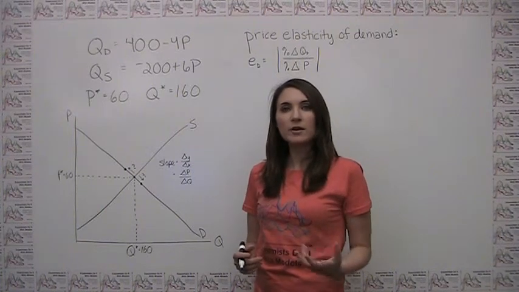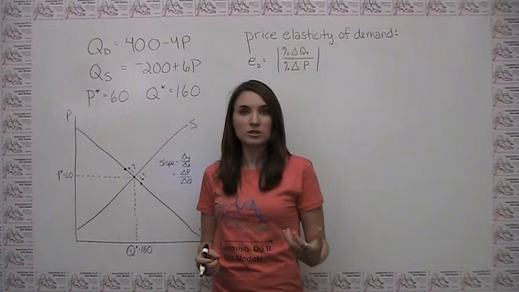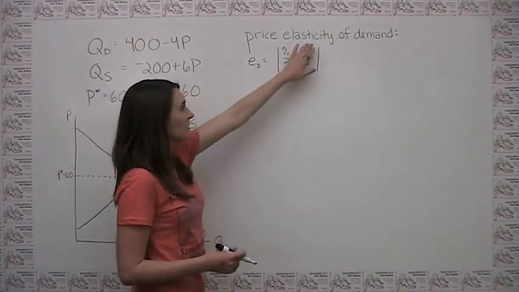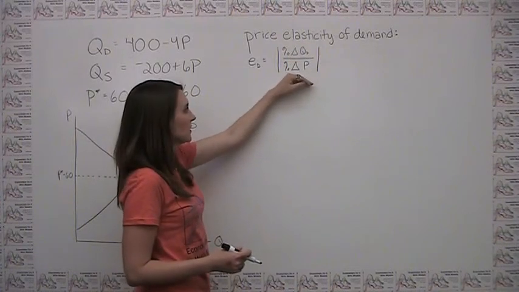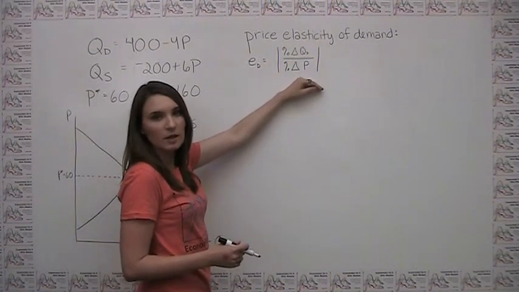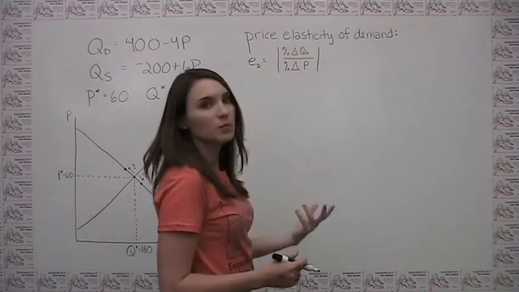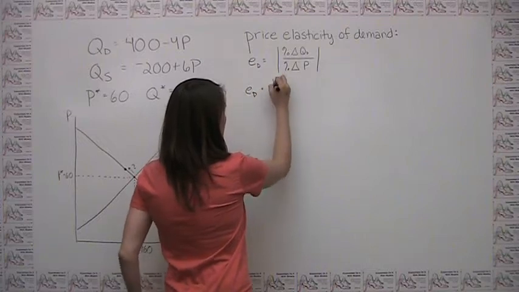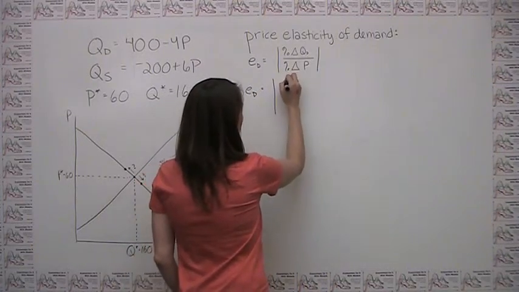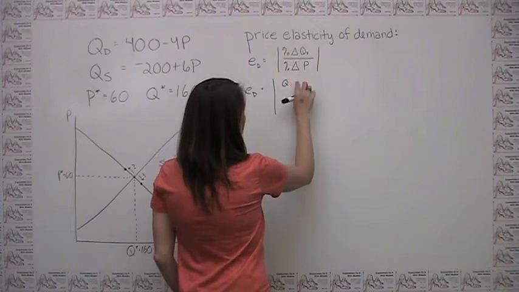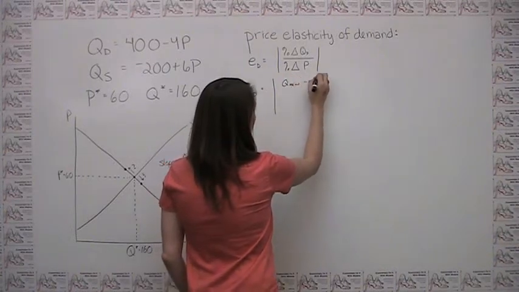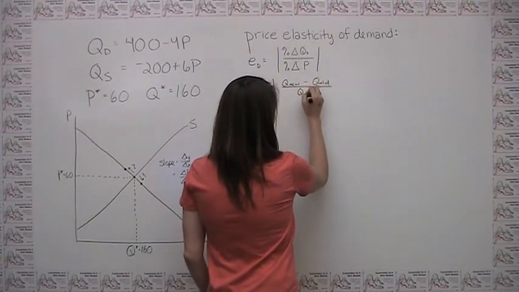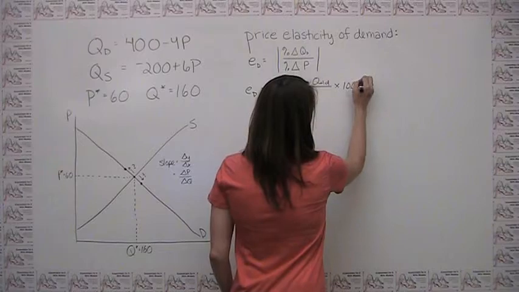But we can do a little bit better if we think about what price elasticity of demand actually means. So here, we said we're talking about a relative or percent change in quantity demanded and a relative or percent change in price. So just doing a little bit of algebra here, we could restate this elasticity of demand as the absolute value of the new quantity minus the old quantity divided by the old quantity times 100%.